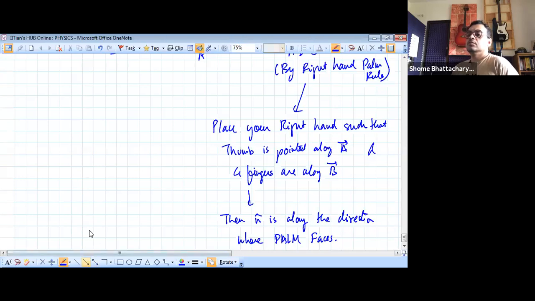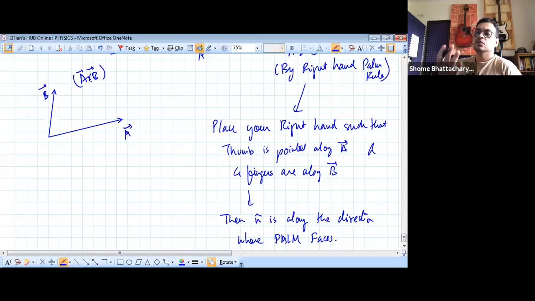So basically, if this is the vector A and this is the vector B, to calculate A cross B, we'll place our right hand palm on the surface of the screen such that our right hand thumb is pointing along A. This is where the thumb is pointing.